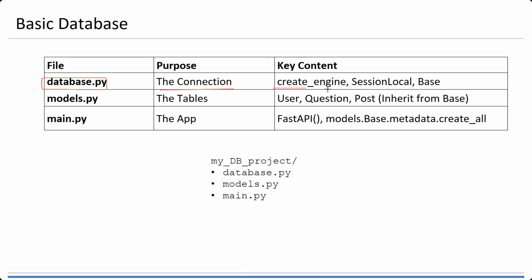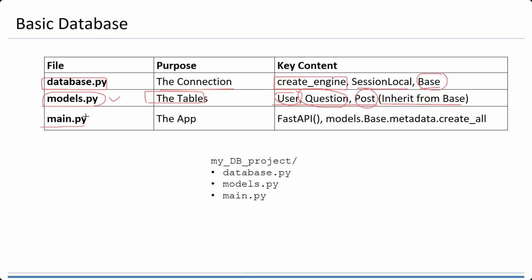We use some libraries such as create_engine, SessionLocal, and Base. And then we will create the models, which we call tables. All the tables will be in this file. In our case, we will create at least 3 tables: user, question, and post. Those will inherit from Base, because it is for the connection.